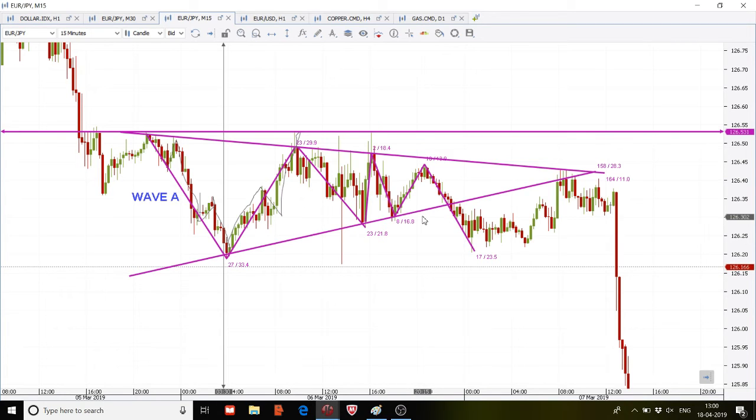The problem here is that this is a short time frame. This is the 15-minute chart, and it would be much better if you get the pattern on a higher time frame. I tried to find the pattern on a higher time frame, but I failed to get that.